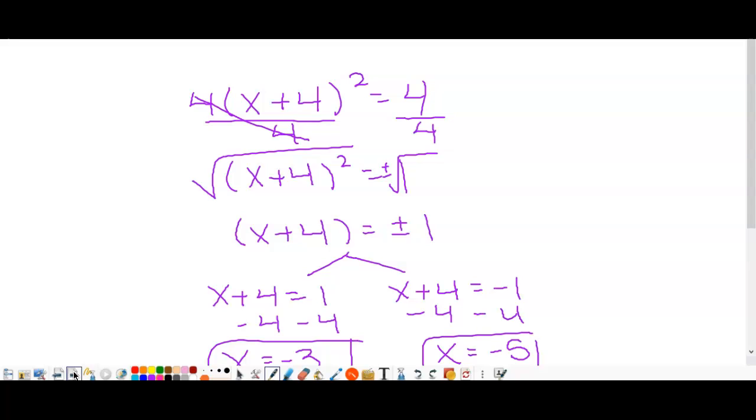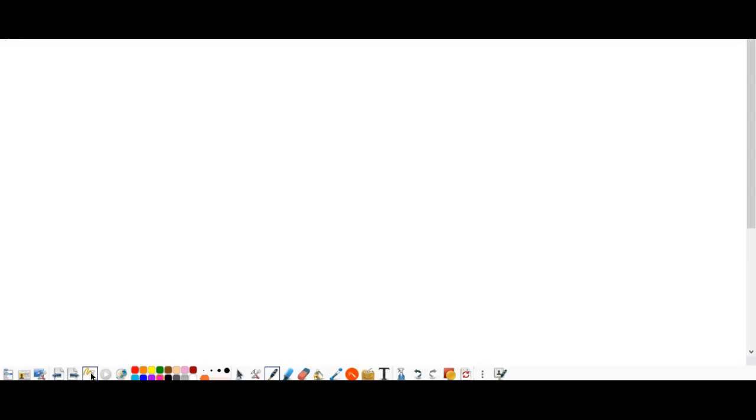Okay, and then that last example is very similar to example number 4. You have to isolate the squared stuff. So we're going to divide both sides by 4.